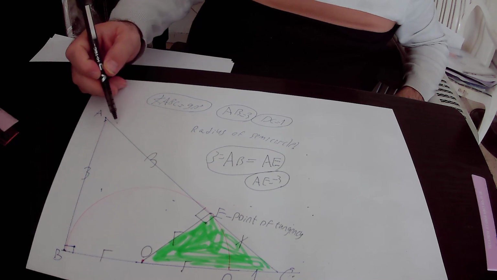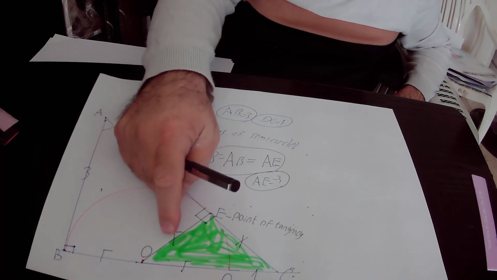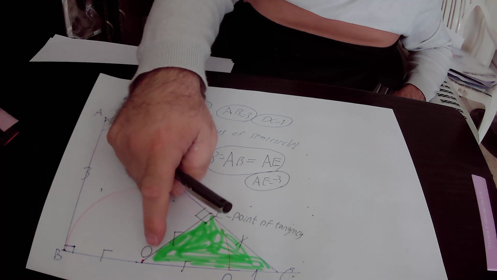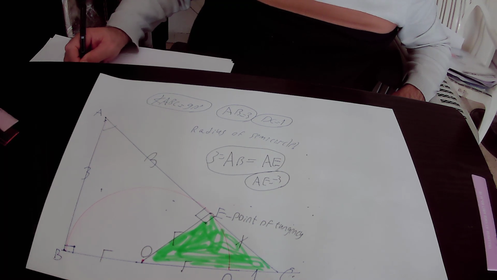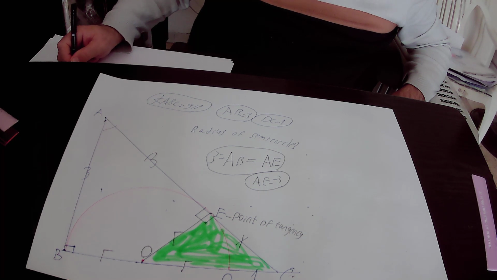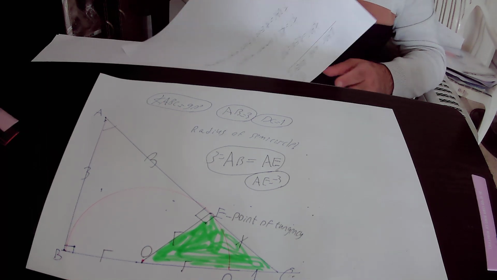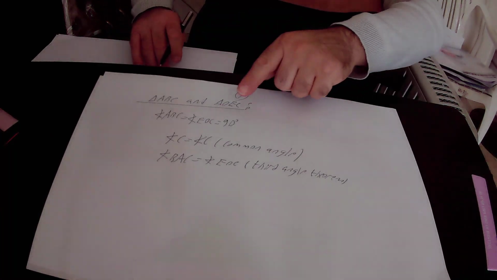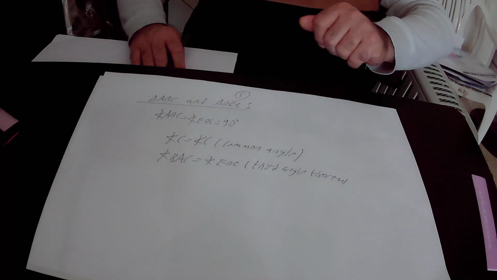So angle BAC in triangle ABC is equal to angle EOC in triangle EOC, according to the third angle theorem.